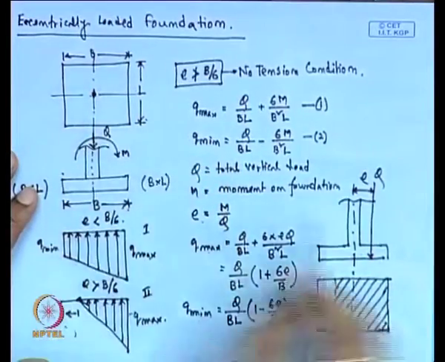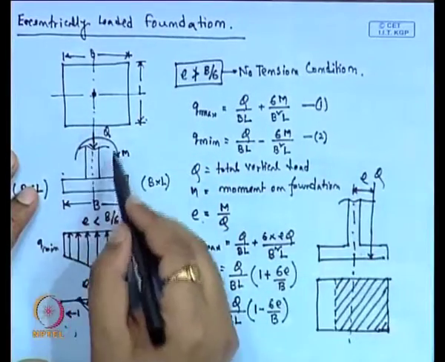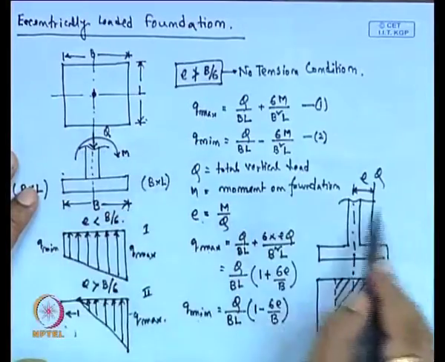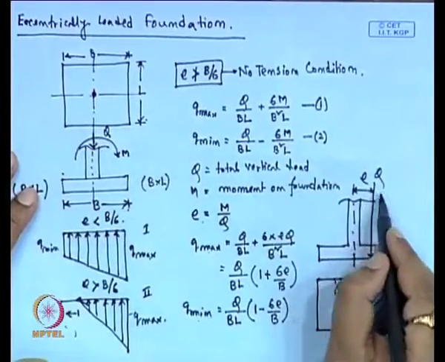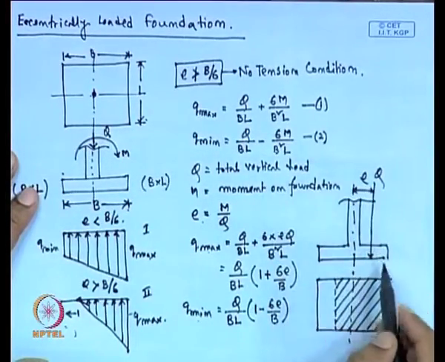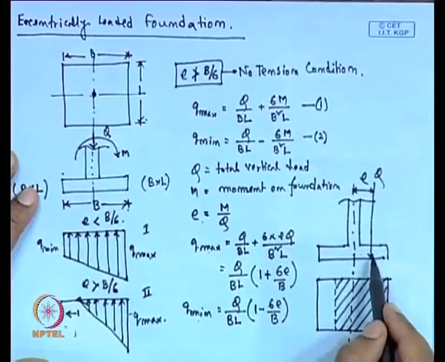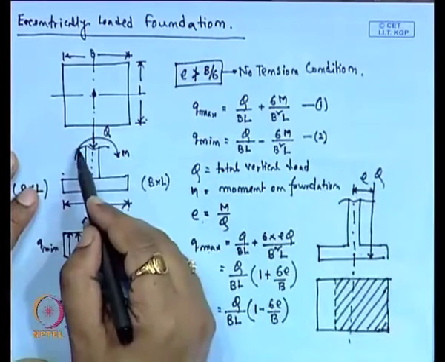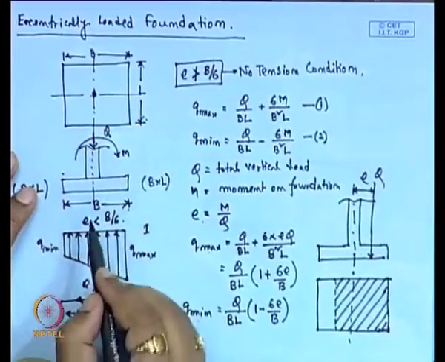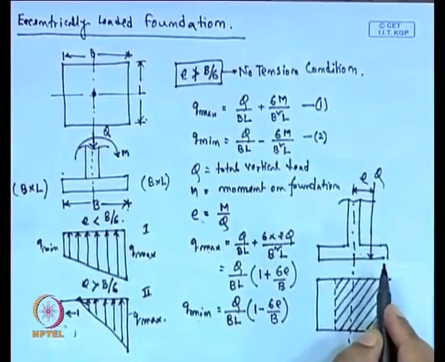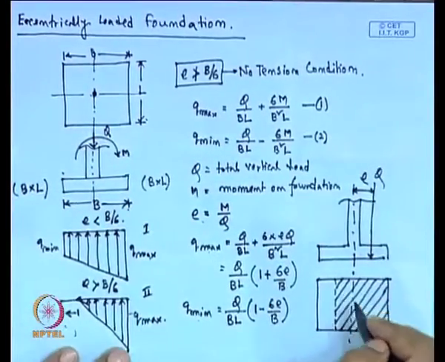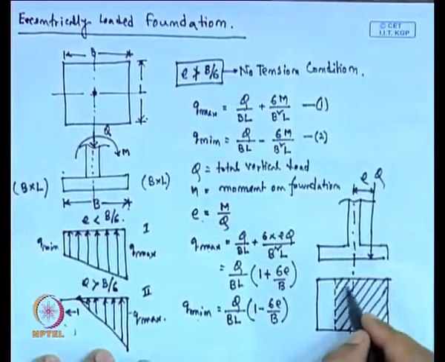Now, because of this eccentricity, or if a moment is applied, or both the cases, the load itself is applied at a distance E from the center, or there is the moment. Because of this moment and loading eccentricity, the effective area of the footing is reduced.